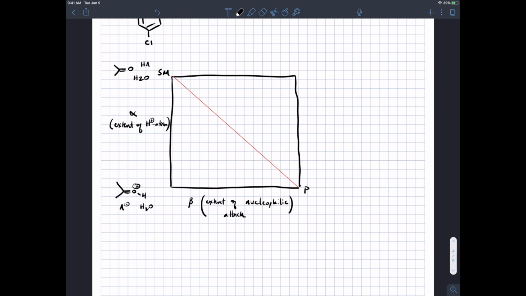In contrast, on the upper right-hand corner, you would have complete nucleophilic attack prior to protonation. And then, of course, your product here would be the hydrate and your conjugate base of your acid.